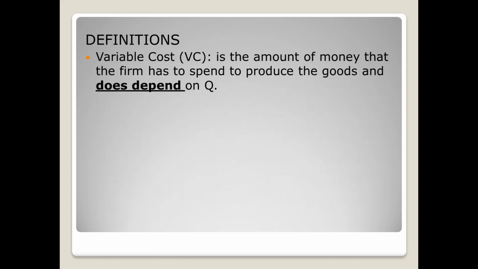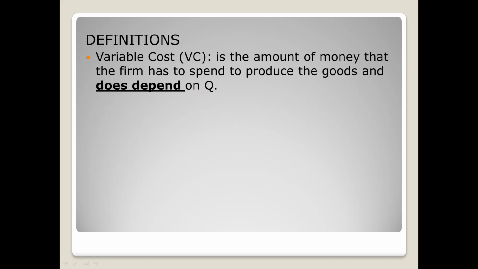Another type of cost is the variable cost. The variable cost is the amount of money that the firm has to spend to produce the goods, and it does depend on Q. So this cost, which we call variable cost, depends on the amount of quantity that the firm produces.